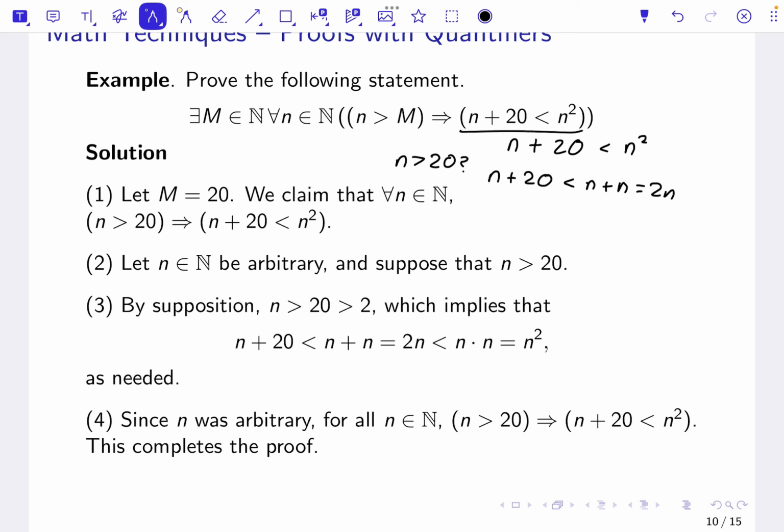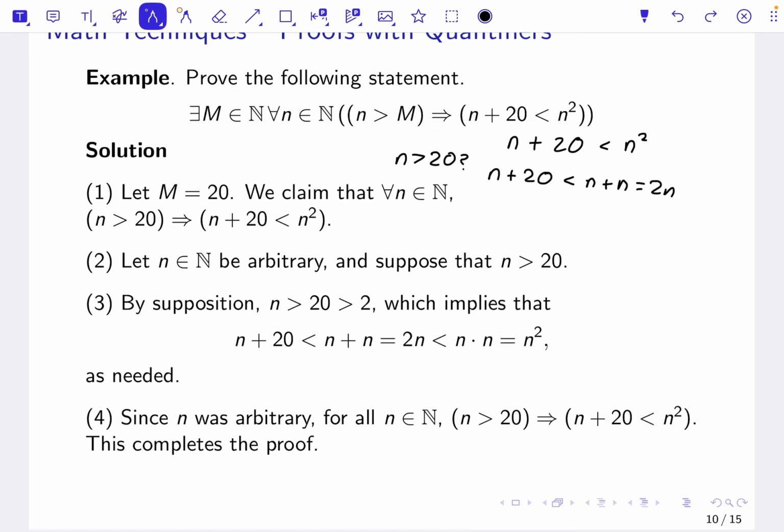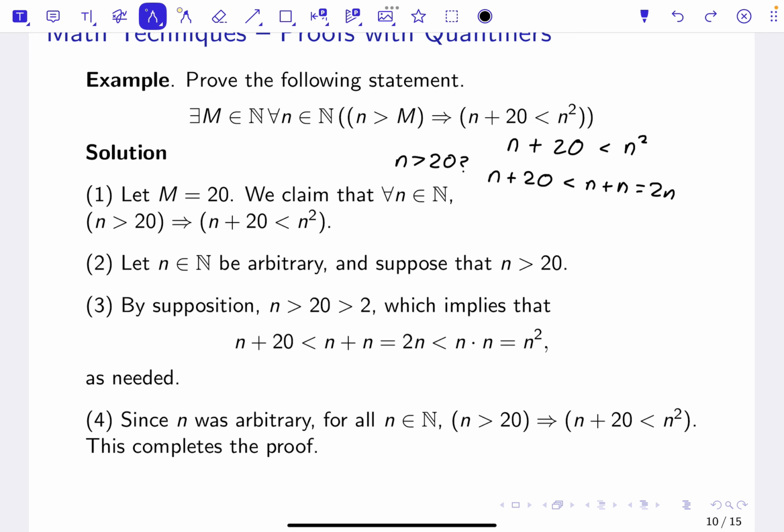This just comes from our original inequality. n plus 20 is less than n squared. By just making a wild guess that n should maybe be greater than 20, we derive the inequality n plus 20 is less than 2n.